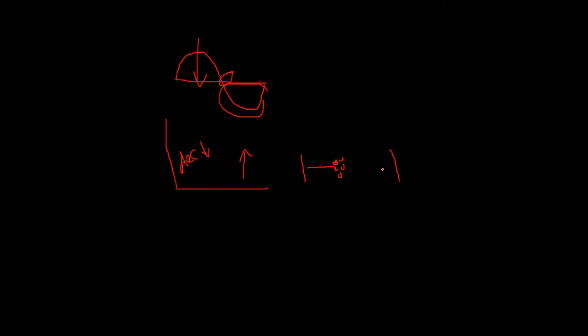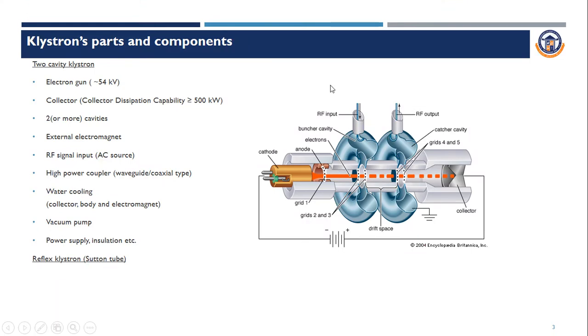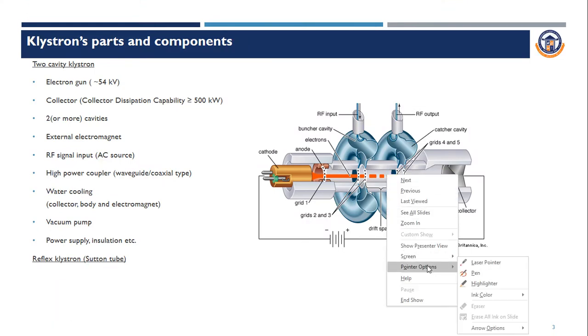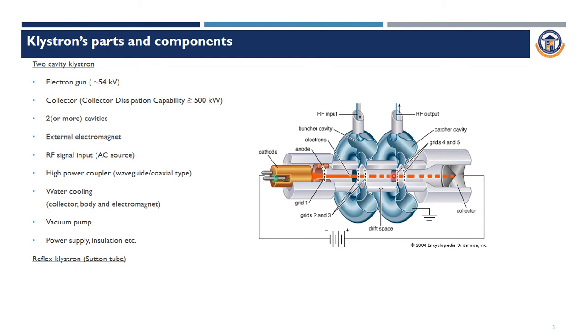In the catcher cavity, the RF input signal is also given through this coaxial cable, and the bunched electrons arrive here, then are accelerated again, producing a high power microwave collected through this RF output, and the electrons will be collected from this collector point.